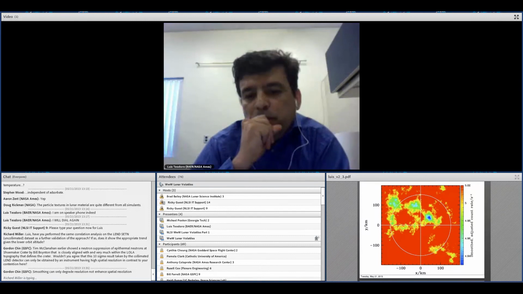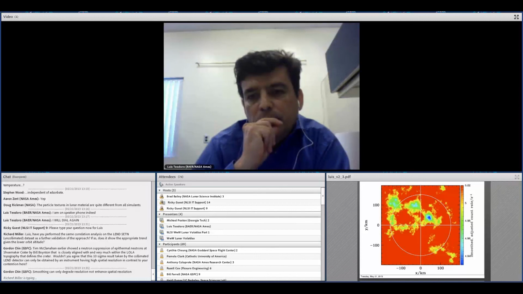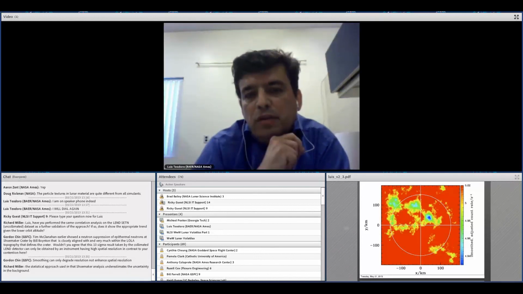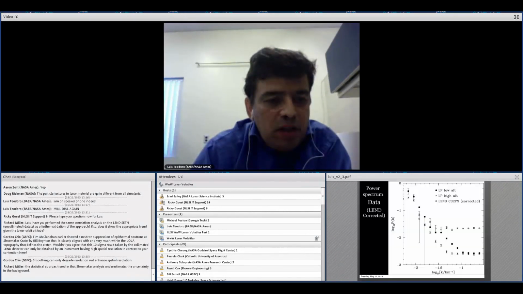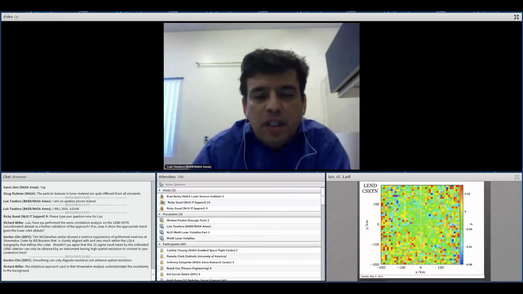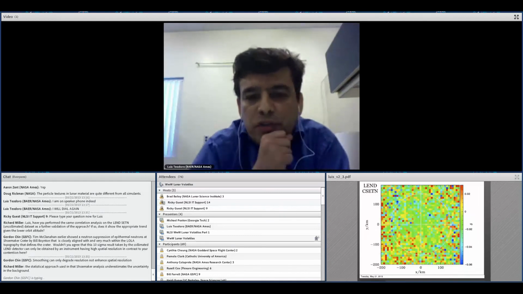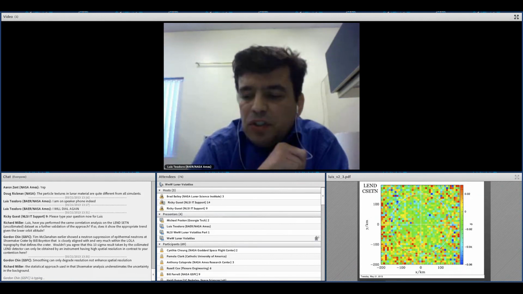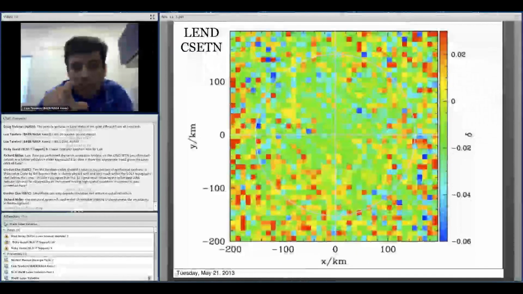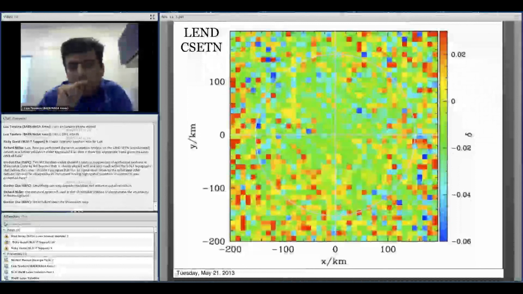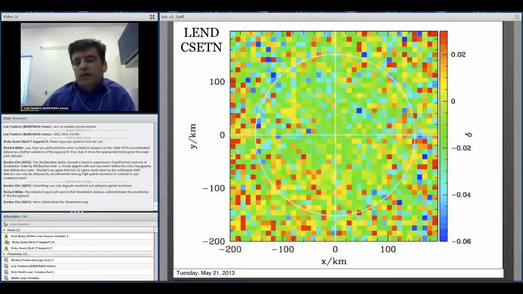Gordon says smoothing can only degrade resolution, not enhance spatial resolution. No, but what I'm saying is, look at this map. Shoemaker is there. Well, I think what Gordon's saying is that the change in neutron count at the Shoemaker edges and the slope in the topography are so closely correlated, it's hard to imagine that was just a fluke.